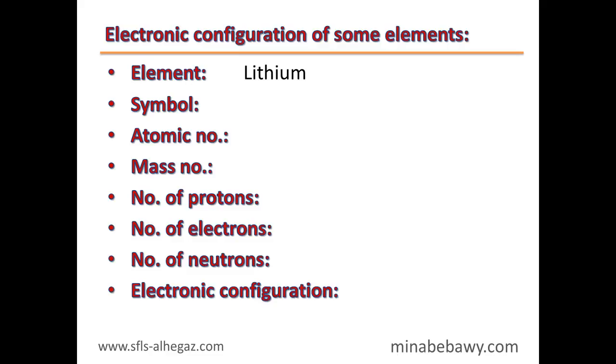Lithium. The symbol of lithium is Li. Atomic number of lithium equals 3. Mass number 7. Number of protons 3. Number of electrons 3. Number of neutrons 7 minus 3 equals 4.